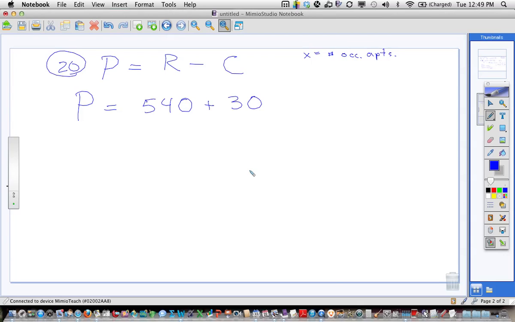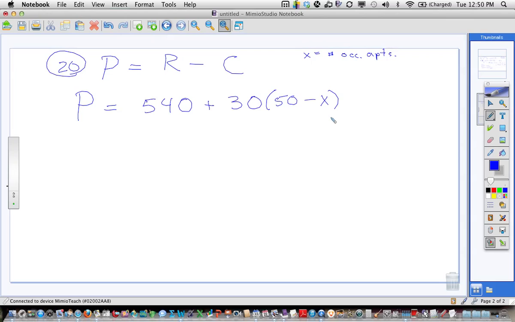And so what we need is this to be 50 minus x. Because when there's 49 occupied apartments, so when x is 49, this will be a 1. So we'll have one $30 increase. When there's 48 occupied, when x is 48, this will be a 2. That'll be two $30 increases.